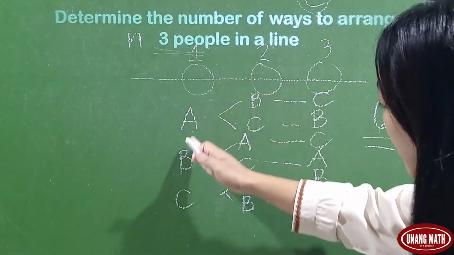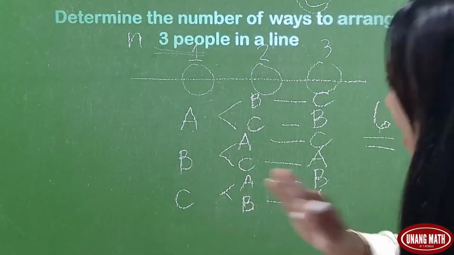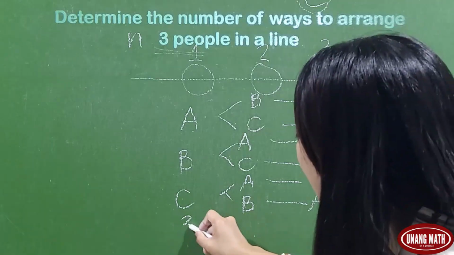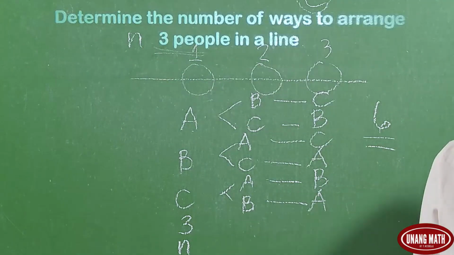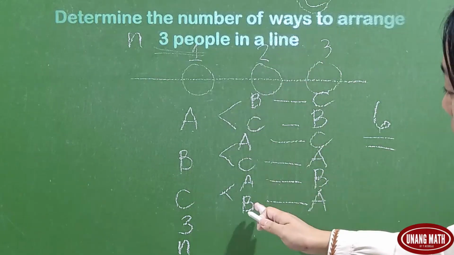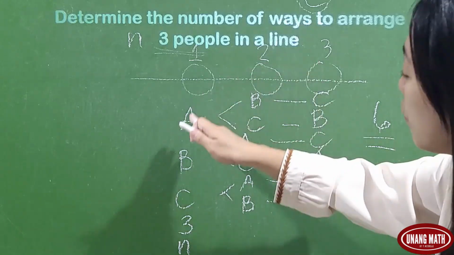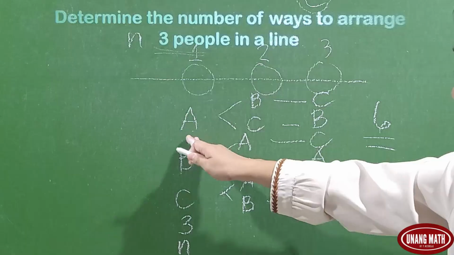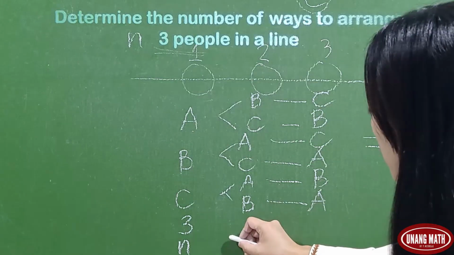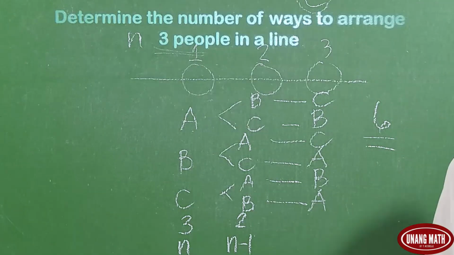In this column, we have person A, B, C, so we have 3 outcomes, and this is our n. What about the second column? It's actually 3 also, but since we used 1, we have to subtract 1, because we already used it once. So it would be 2, and this is n minus 1.